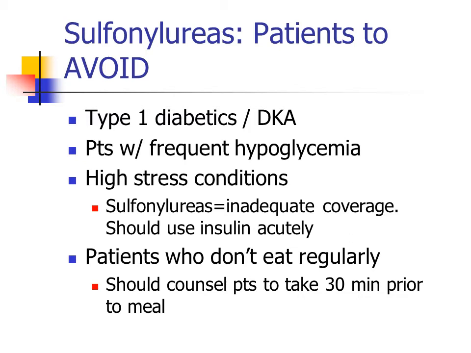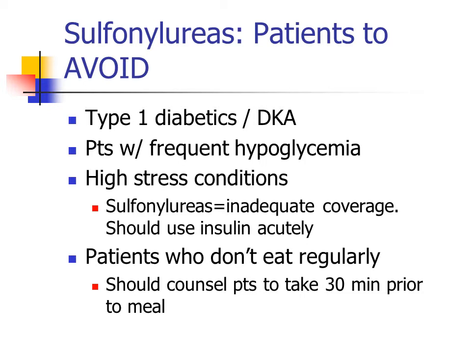There definitely are certain patients who should not be prescribed a sulfonylurea. First and foremost, type 1 diabetics, as we already discussed. These agents assume that you have basal pancreatic function that isn't present in a type 1 diabetic, or patients in DKA. Patients with frequent episodes of hypoglycemia, this probably isn't the best choice for them, since hypoglycemia is a side effect or adverse reaction from sulfonylureas.